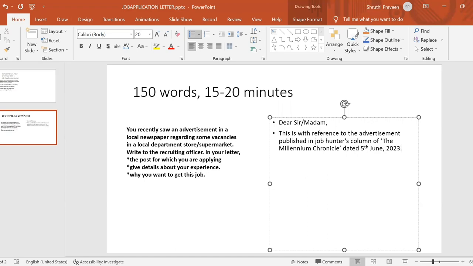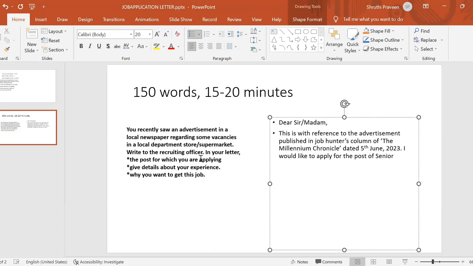And the first question, the post for which you are applying, has to come in the first paragraph. I would like to apply for the post of, maybe, senior accountant.